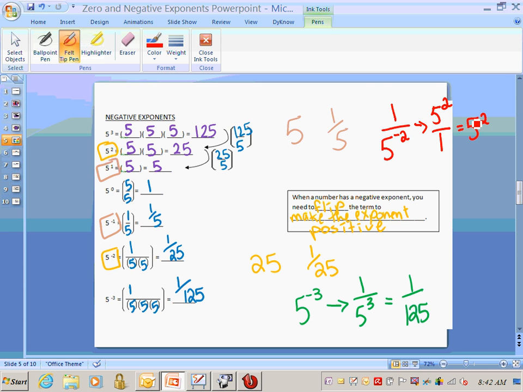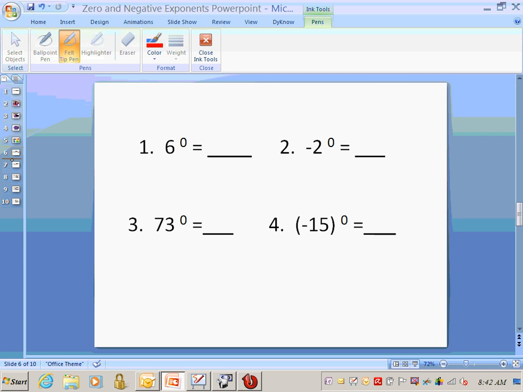Okay? So we're going to do a couple examples. These are on the back. Just to go over this, 6 to the 0 power, what's it going to be? 1. Number 2, is a negative included? No, so the answer is going to be negative 1. Number 3, the answer is? Number 4, the answer is positive 1.